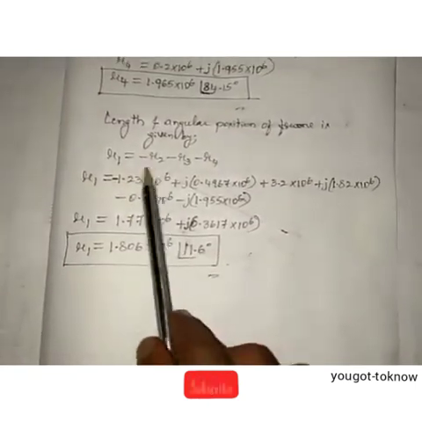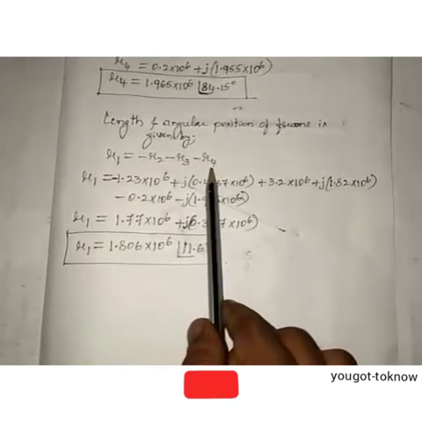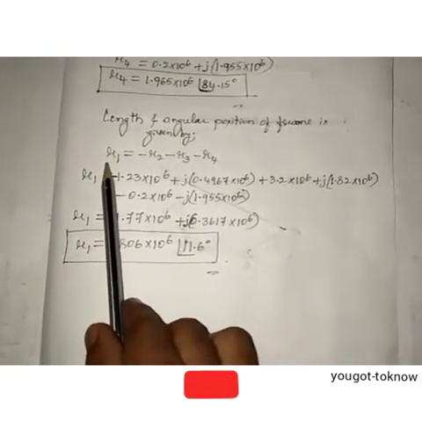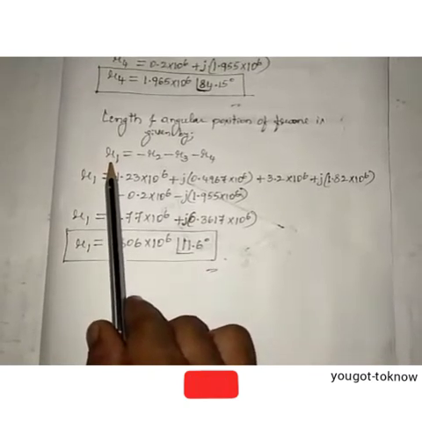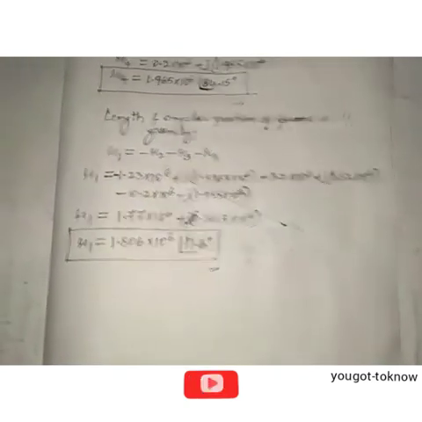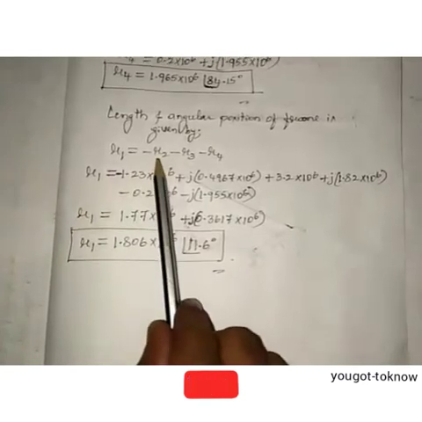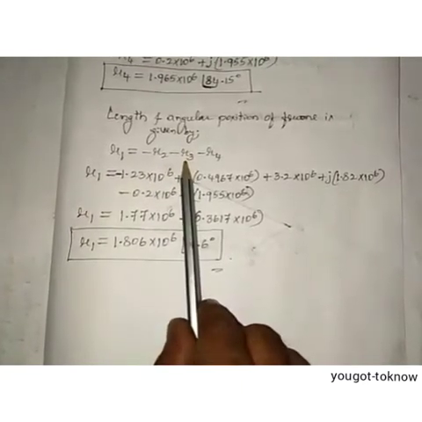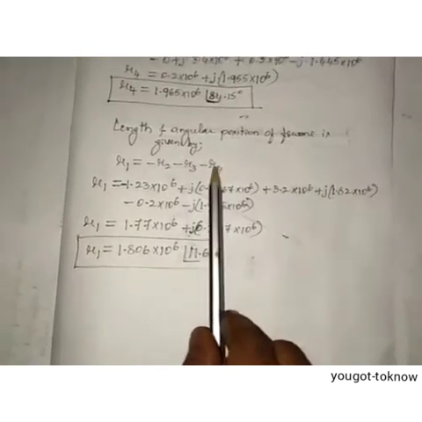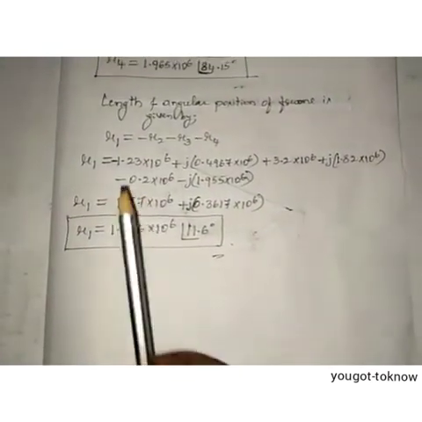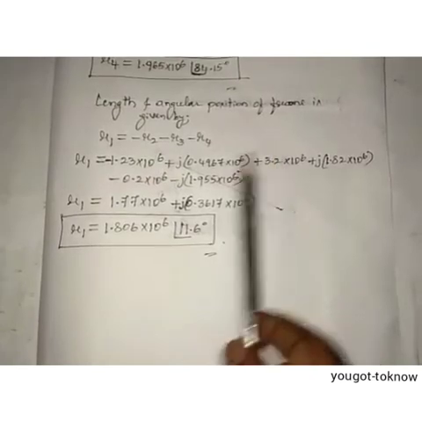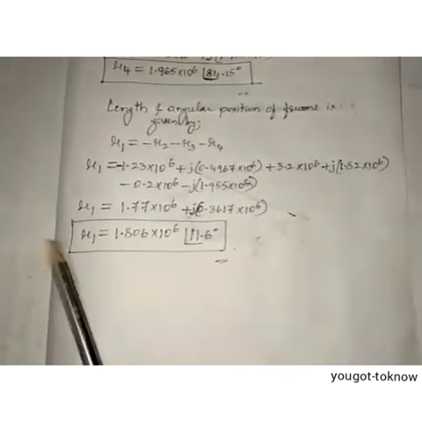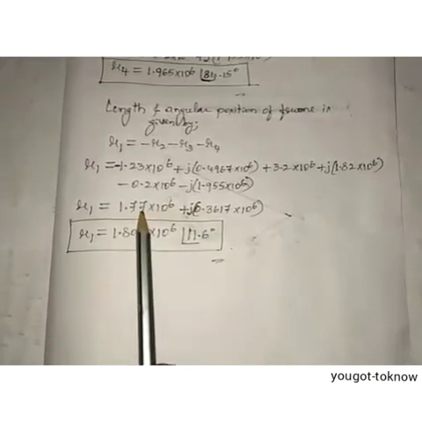Using the values of R2, R3 and R4, we can determine the actual length and angular position of R1. Here we have to substitute the value of R2, the value of R3 and the value of R4 with actual real and imaginary terms. After substituting the values of R2, R3 and R4, find the R1 equation in terms of real and imaginary terms.